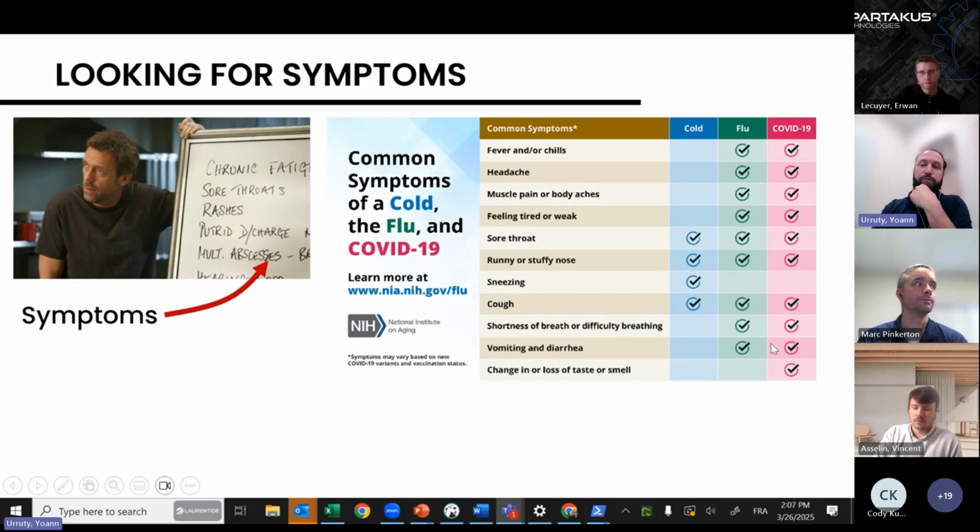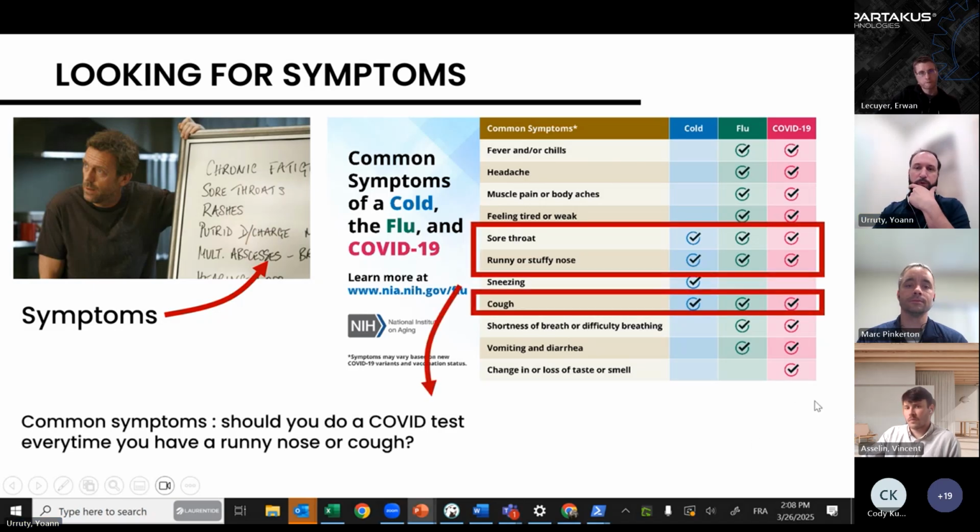You want to look for symptoms, and especially specific symptoms, something very specific to pinpoint and isolate what your actual disease is. You can have some very common symptoms with regards to cold, flu, and COVID, like a sore throat or runny nose or a cough, right?